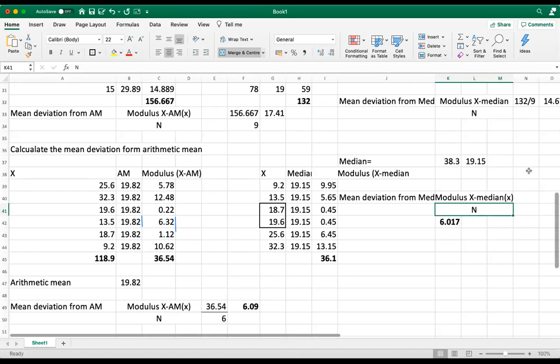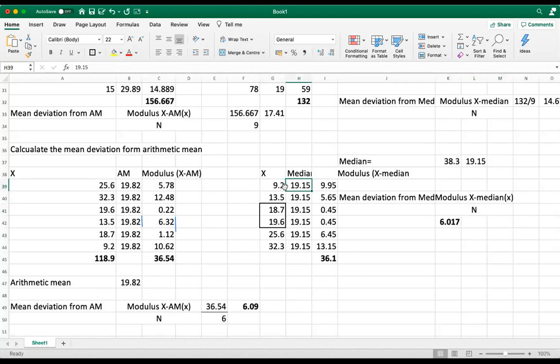And then I found the difference between every x and the median. I ignored the signs, and only considered the numbers because modulus is there. So 9.95, 5.65, 0.45, up to here it was minus. I removed the minus, so I got all these as positive values.